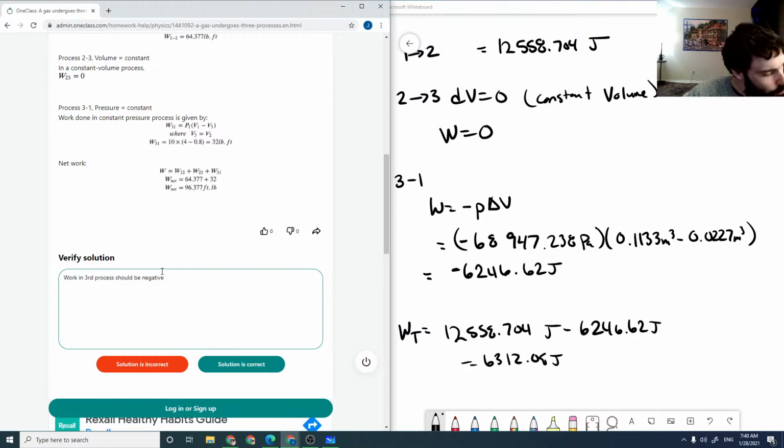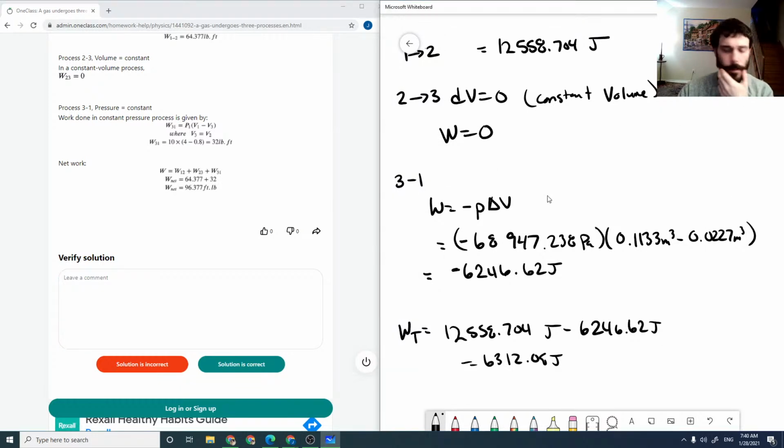Or should it? No, because it's expanding. No, that's not correct. My bad there. Yeah, it shouldn't freely expand, so that actually might be my bad there.